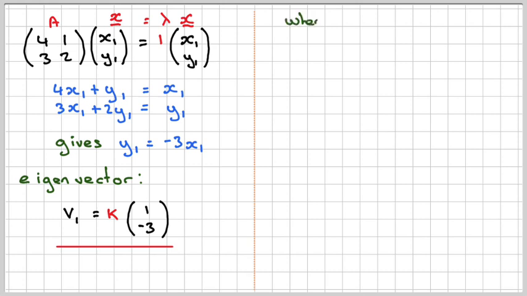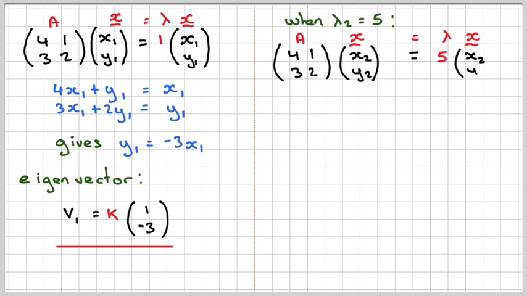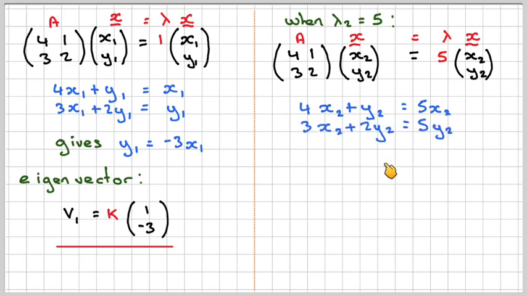Then doing it for the other eigenvalue, when lambda 2 is equal to 5, we get Ax is equal to lambda x again. So doing the same thing, but this time taking 5 as our value of lambda. Again, 4x2 plus y2 is equal to 5x2, and 3x2 plus 2y2 is equal to 5y2.